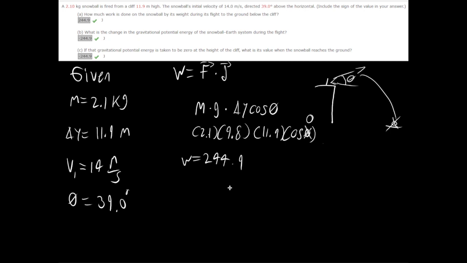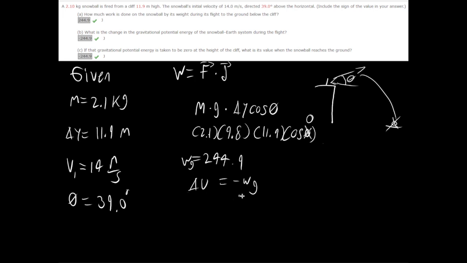what is the change due to gravitational potential energy? So the change in potential energy is, let's see, yeah, minus work done by gravity. So that's work done by gravity.